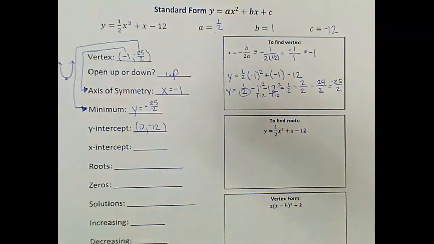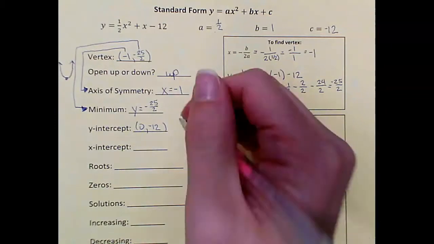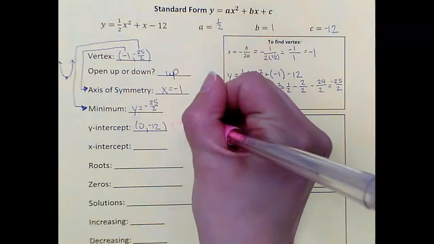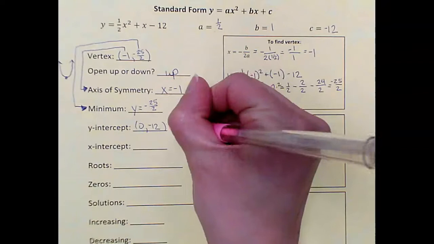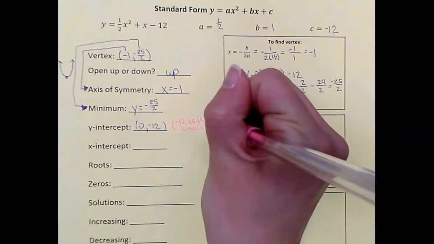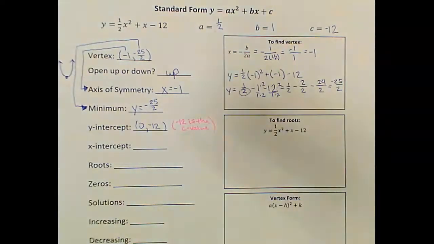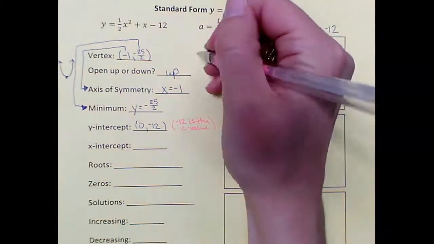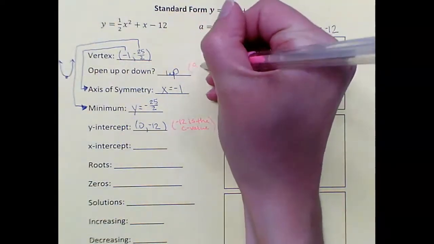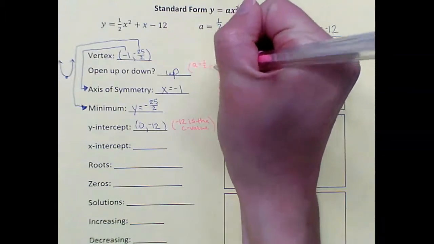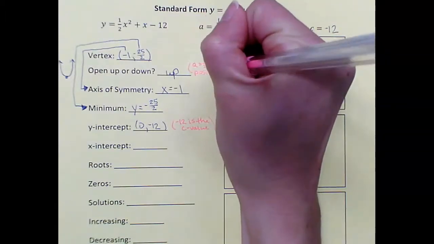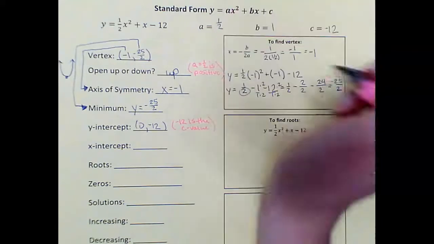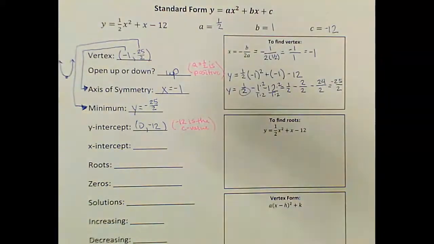So the way we found that is that -12 is the c value. And I intended to put in pink all the little ways that we figure out the answers to these things. So for example, I know that the graph opens up because a equals 1/2 is positive. So just little things to help us remember how we got these answers.